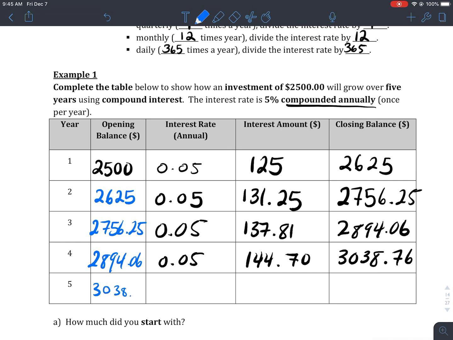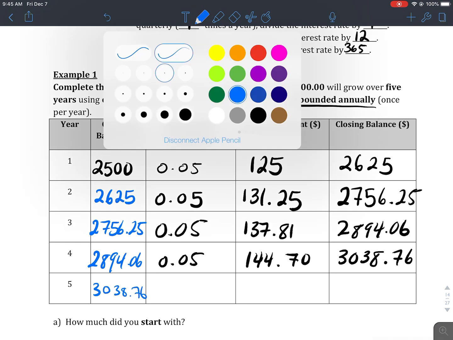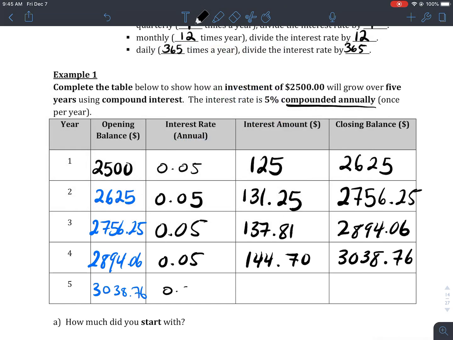And year 5 starting balance is $3,038.76. Your interest rate does not change. Interest earned 151.94. And your closing balance after year 5, $3,190.70.